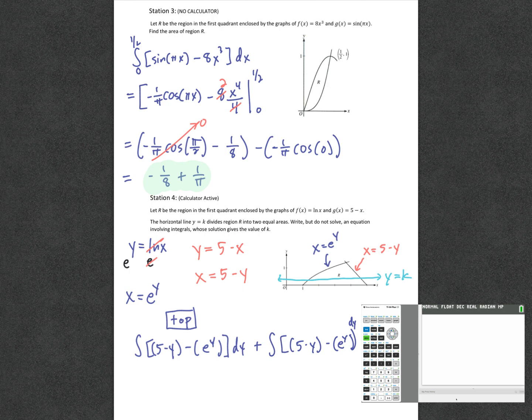Okay, so that's the expression. Actually, here, let me write this. This is the bottom. For the top half here, we know it's going to go from k to something. So k is going to be the bottom limit here. And for the bottom one, we know this is going from 0 to k.